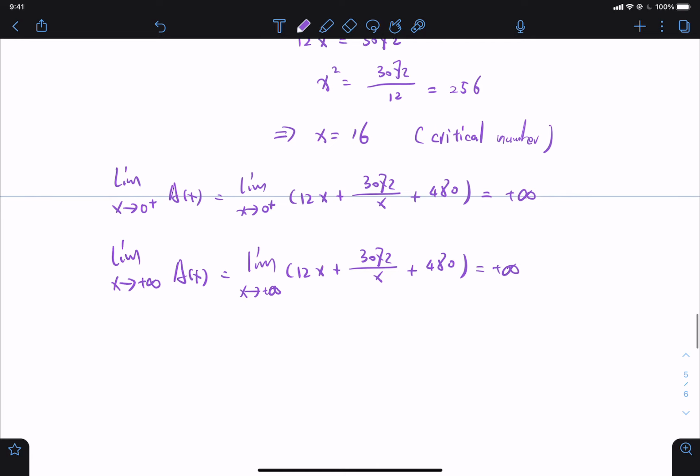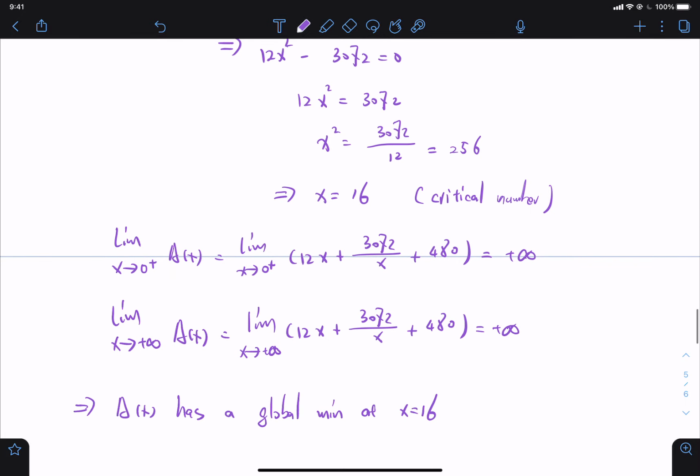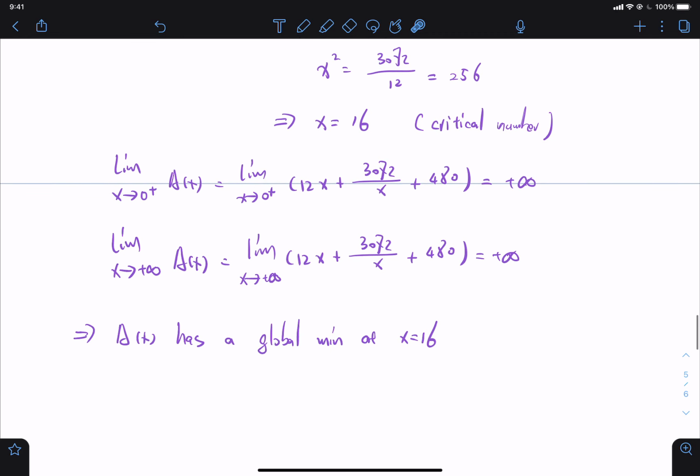So from here, we know that A of x has a global min at x equal to 16. This critical number gives us the global min value.